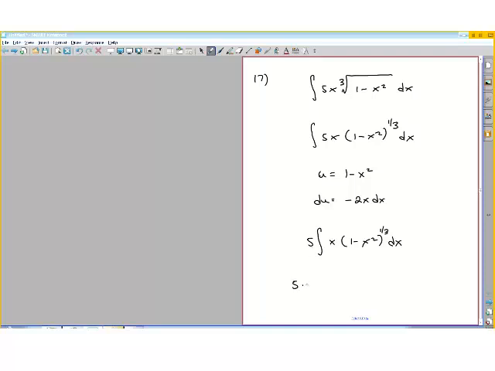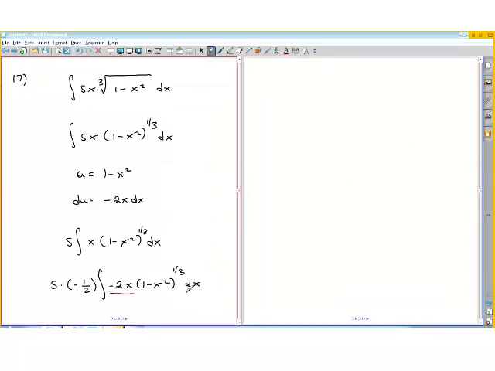So we take the 5, which is already here, times negative 1/2, times the integral of negative 2x times 1 minus x squared to the 1/3 power dx. Multiplying negative 1/2 by negative 2 gives 1, which brings us back to this point.